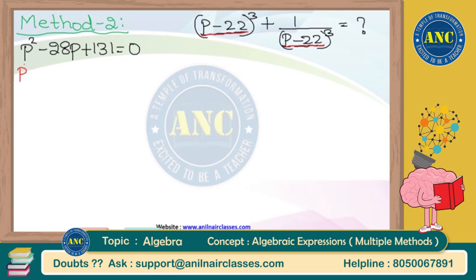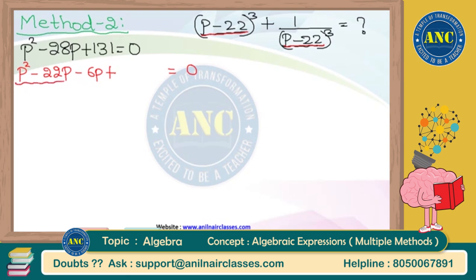That means, can I write it like this? P square minus 22p minus 6p, that is nothing but minus 28p itself, plus 131. I will write it as it is with a little bit of adjustment, and 0 on the right hand side. Don't worry, I will take care of this constant term 131 in the next minute itself.